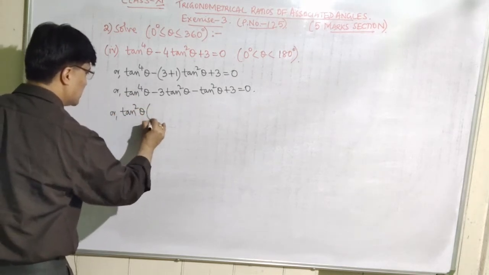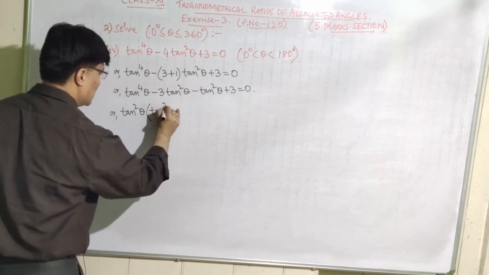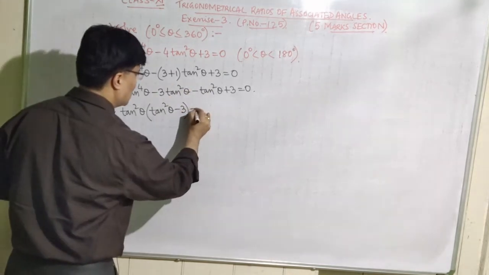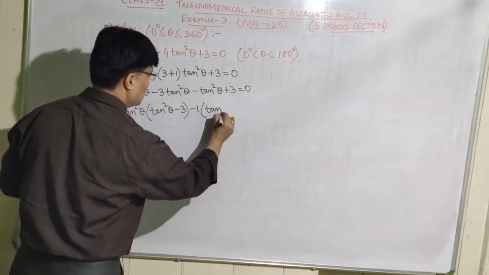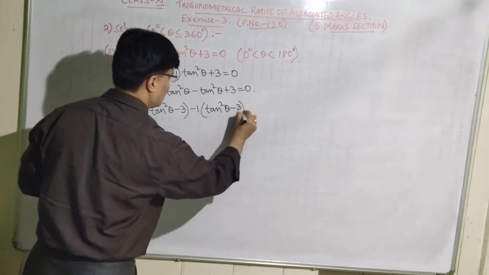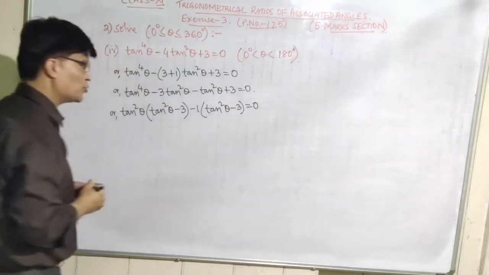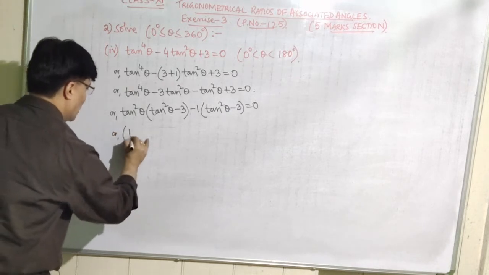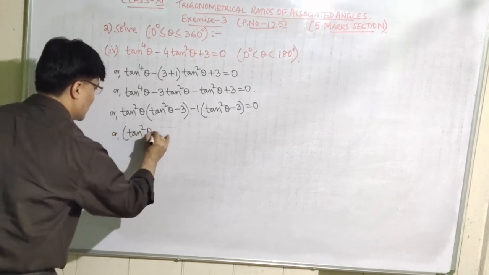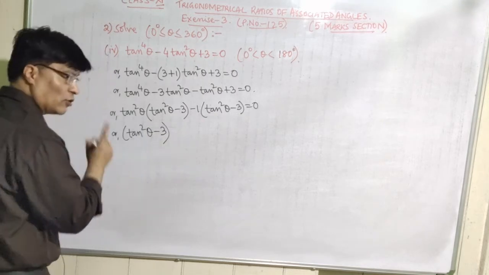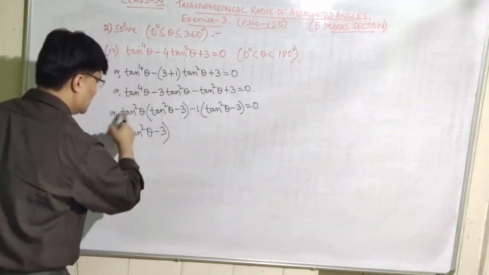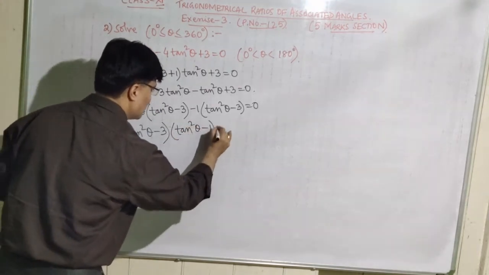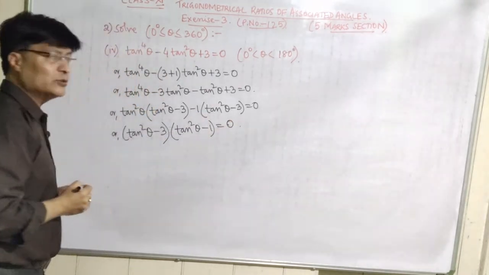It is tan square theta: tan square theta minus 3. Next, minus 1 is common, so it is tan square theta minus 3. Again, tan square theta minus 3 is common here. Now within the bracket write down the remaining terms, that is tan square theta minus 1, which is equal to 0.